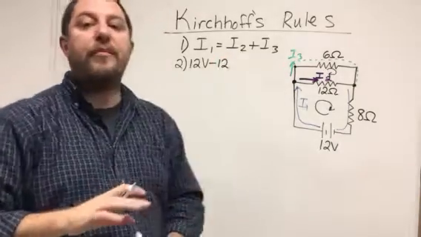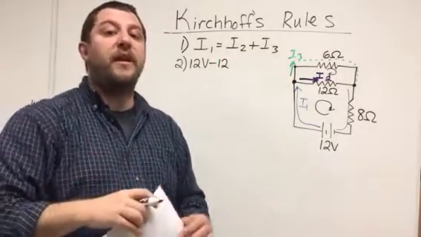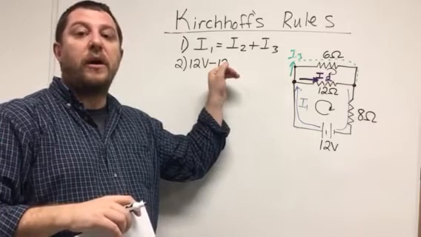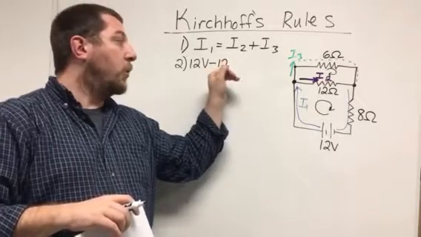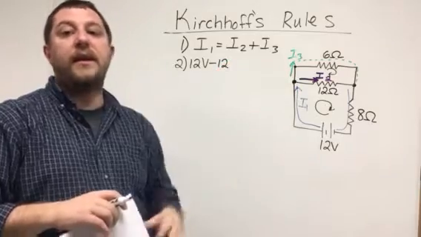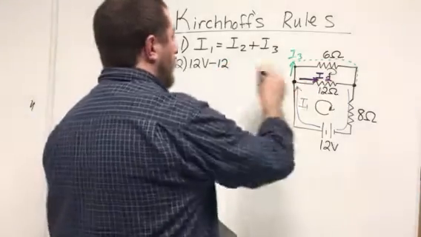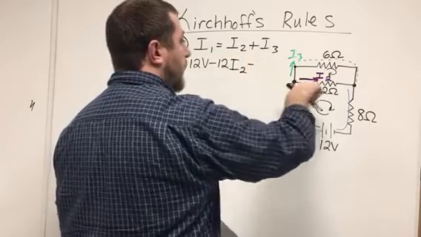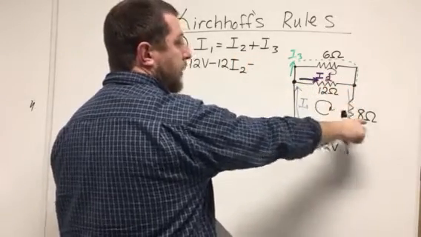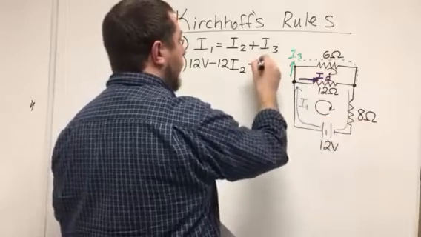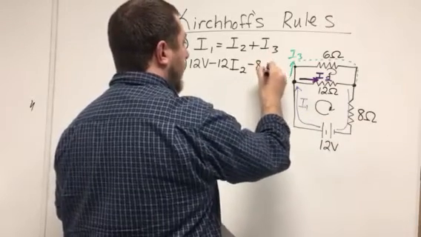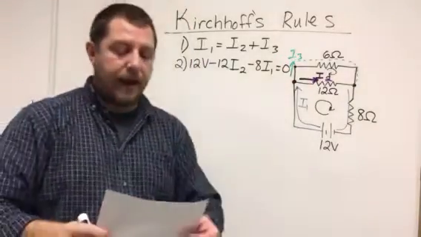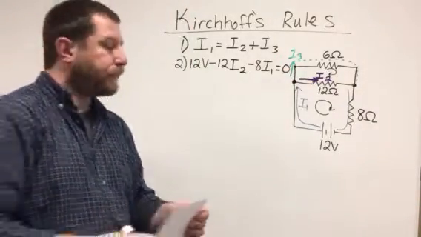And I'm going to drop the units on the ohms, assuming that we recognize that all of the numbers that don't have a voltage attached to them are ohms, and ohms times amps is volts. So negative 12 times I2, and then we come across this 8-ohm resistor, so this is going to be minus 8I1, and all of that must add up to 0.